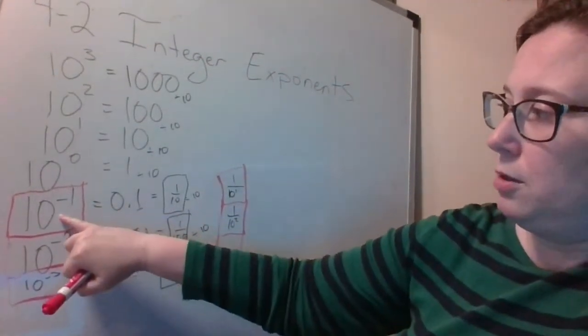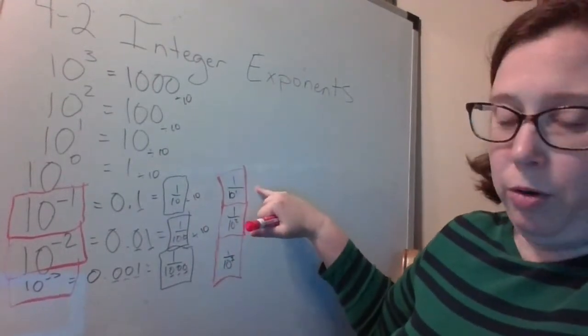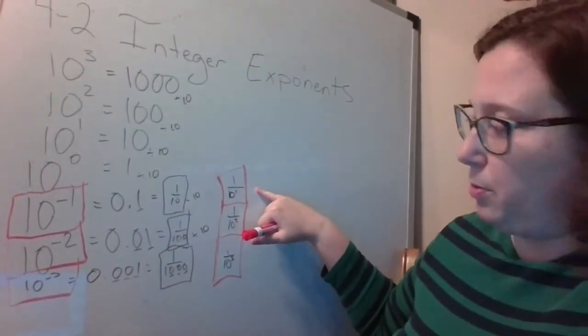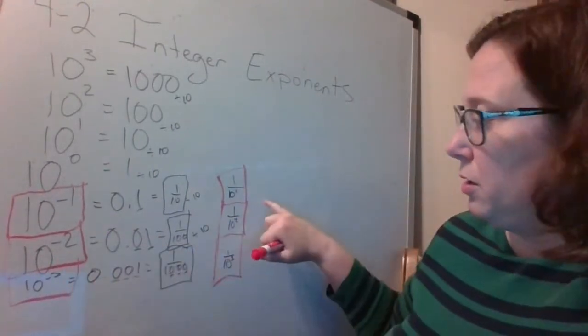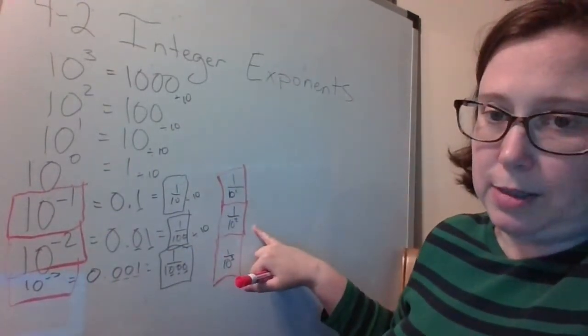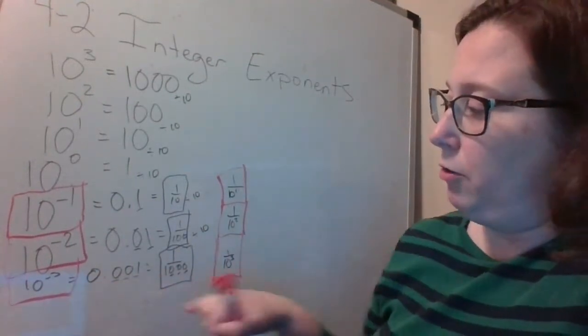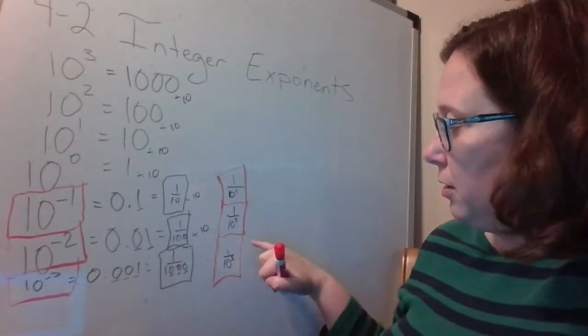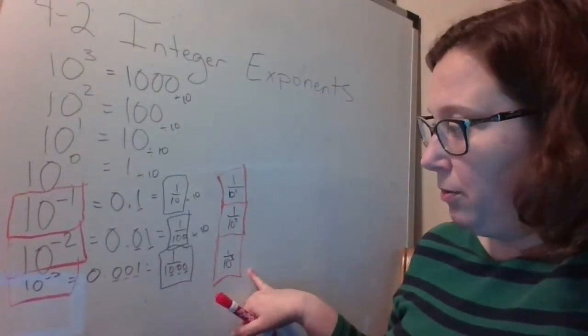Compare those. 10 to the negative 1, 1 over 10 to the first power. 10 to the power of negative 2 is 1 over 10 to the power of 2. 10 to the negative third power is 1 over 10 to the third power.